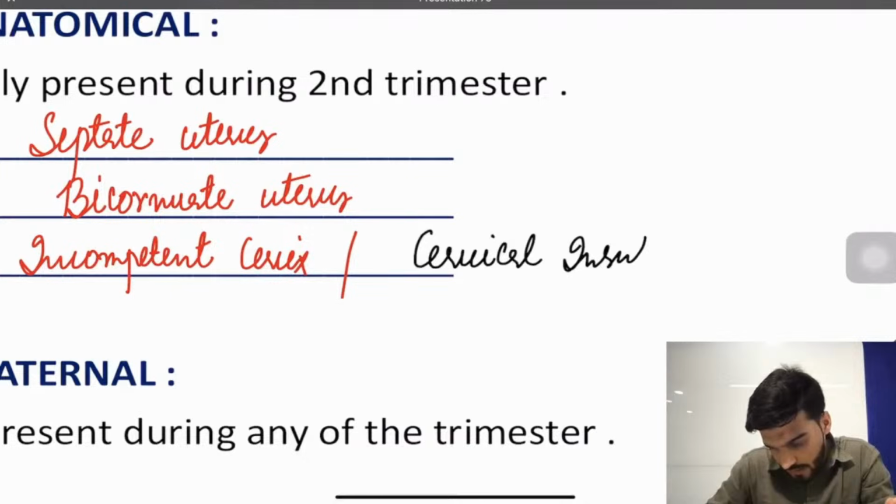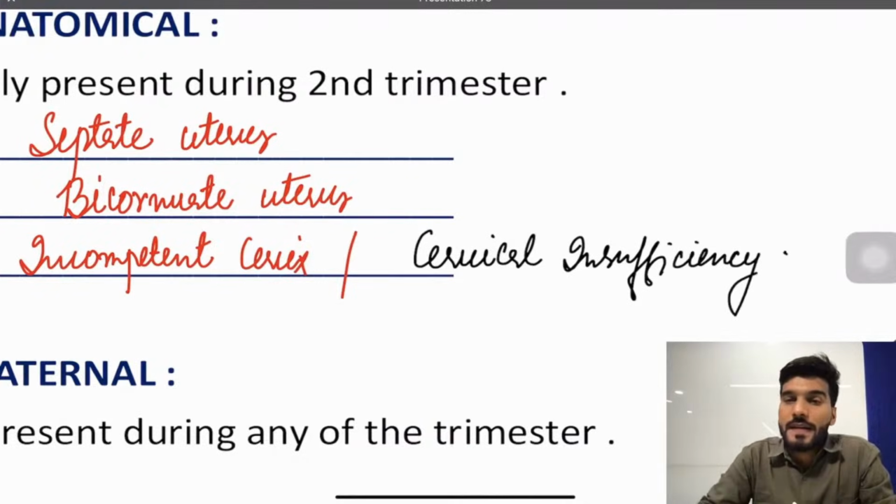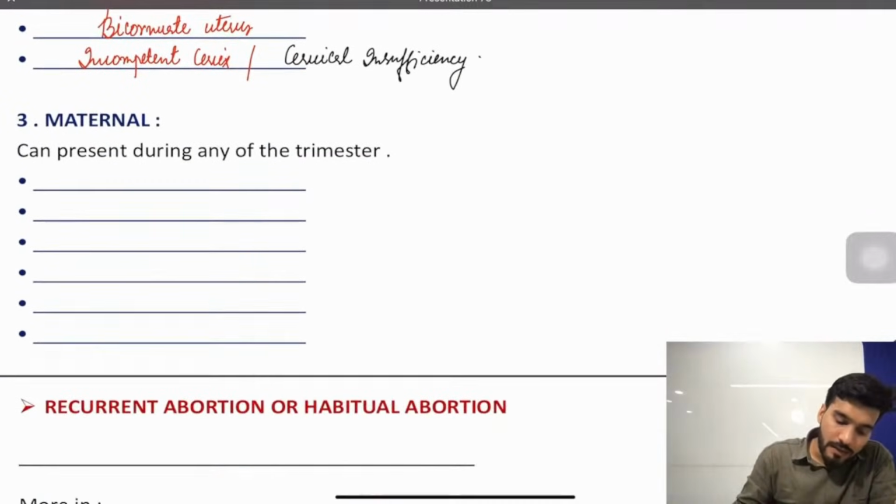Let's discuss them later on: what exactly is a septate uterus and how you treat it, what exactly is a bicornate uterus and how you treat it, and what exactly is an incompetent cervix or cervical insufficiency and how you treat it. Is that clear? Now maternal causes.